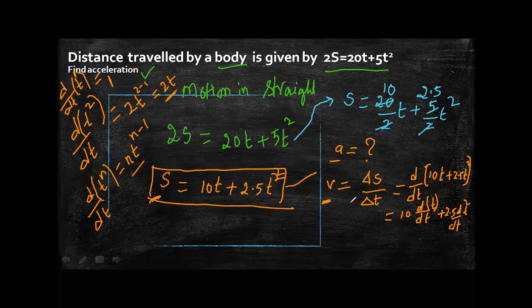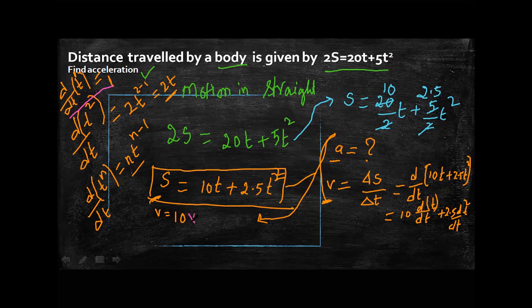Let us write here. The first term is 10 into d by dt of t. The derivative of t, I already showed, is 1.